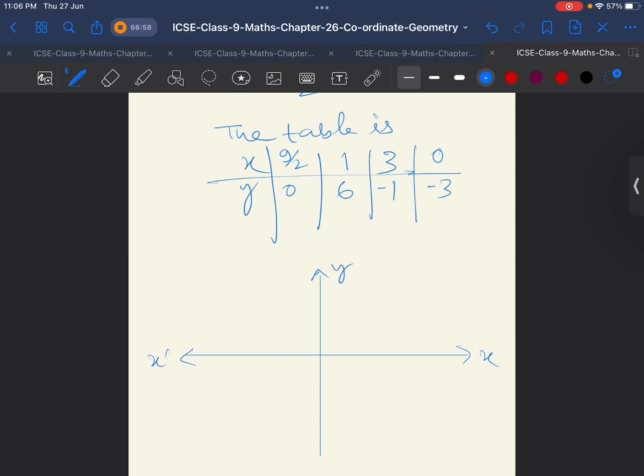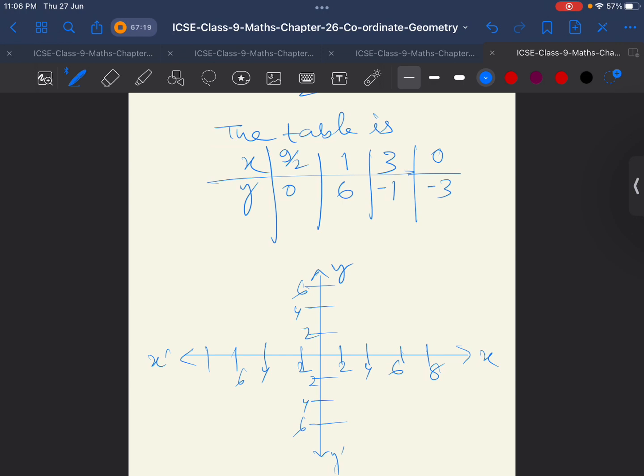Okay, this is x and x dashed, this is y and y dashed. 2, 4, 6, 8 on each axis. First we plot 9 by 2, 0.